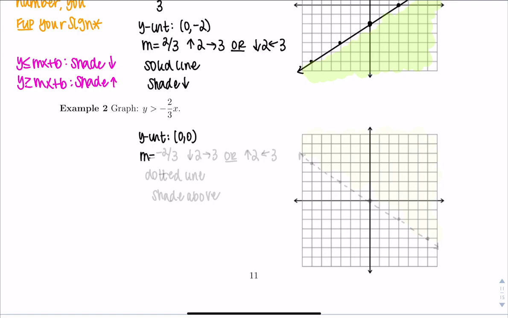My slope is -2/3, so we can go down 2 and to the right 3, or we can go up 2 and to the left 3. This is greater than, so this is a dotted line. And because it's greater than, we're going to shade above.